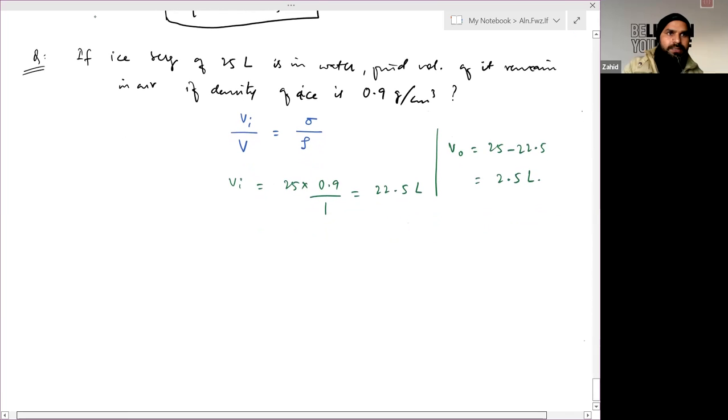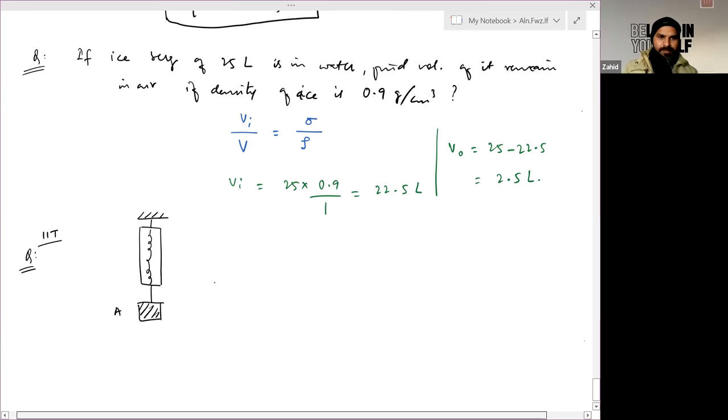Let me give you a last one. There was a question in IIT. Suppose from a spring measuring balance, a body is hung to measure its weight.